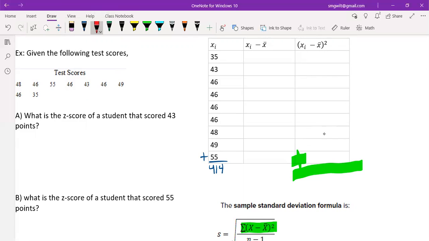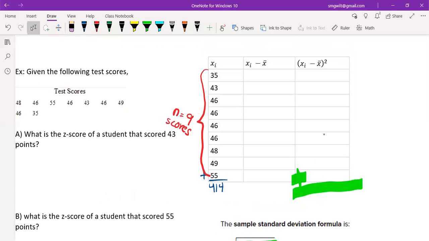To find the mean, we have to divide that sum by n. Remember, n is the number of data values that we have in the data set. If I count these, I have 9 scores in my data set, so n is 9. In order to find standard deviation or z-score, I need the mean.